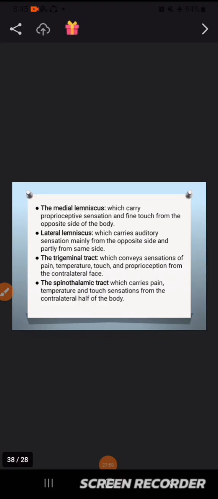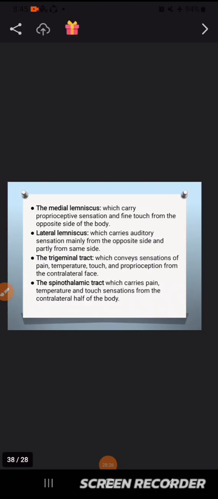The trigeminal lemniscus conveys sensation regarding pain, temperature, touch, and proprioception from the head and face. The spinothalamic or spinal lemniscus conveys pain, temperature, and touch from the contralateral part of the body.